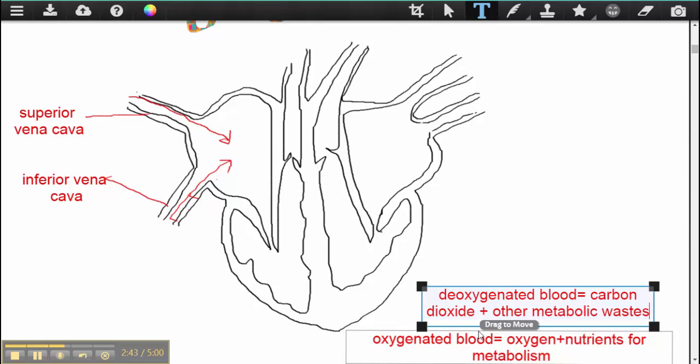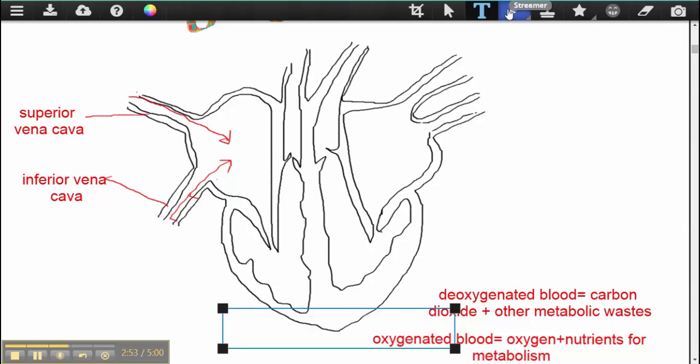We'll learn further about how blood from all over the body flows into the heart and is pumped out all over. First, there are two main movements of the heart, which is the systole and the diastole.